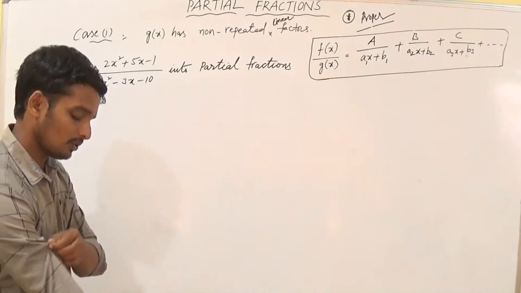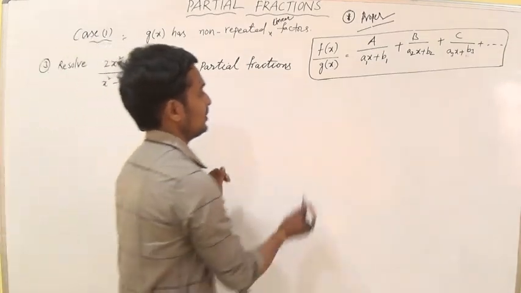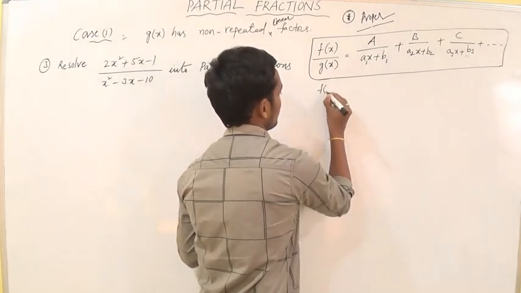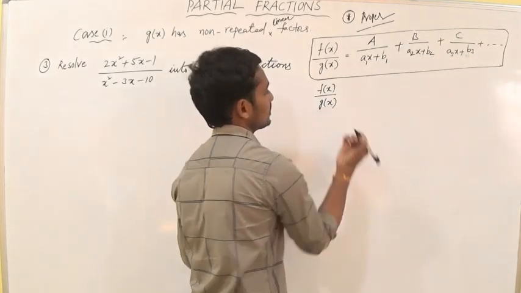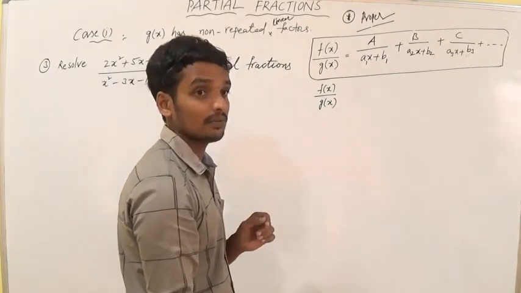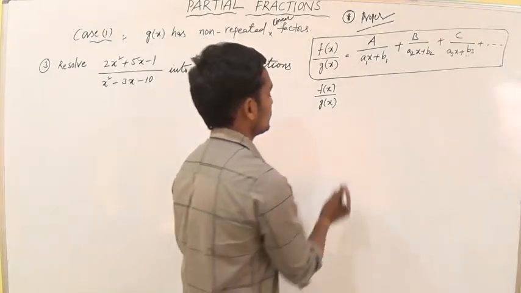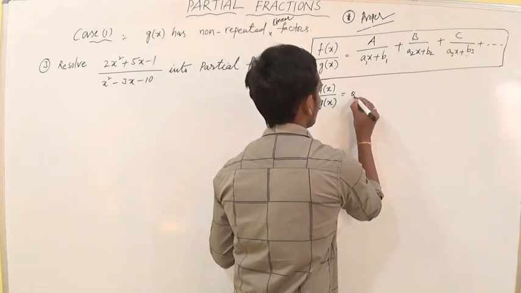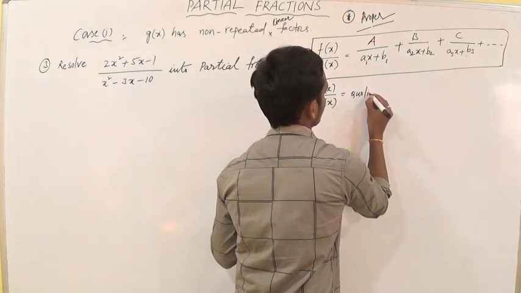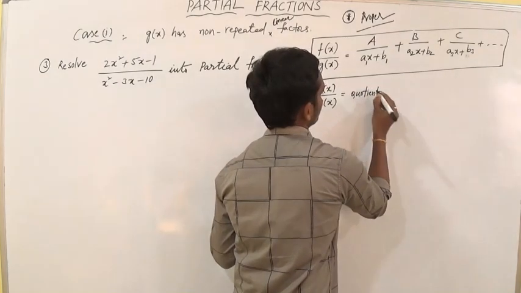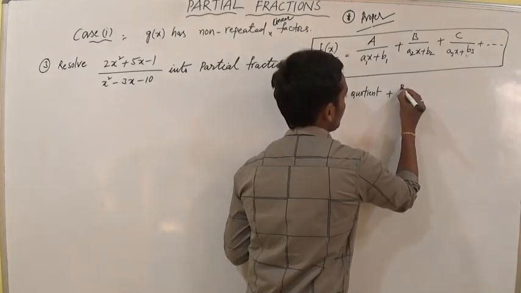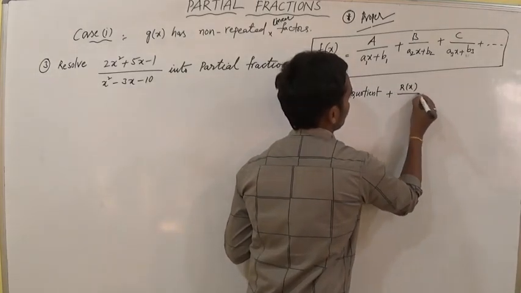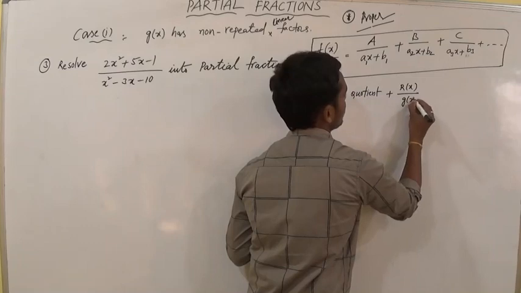Okay. So we know already, that is, if f of x by g of x is an improper fraction, we will get some quotient plus we will get some remainder r of x by g of x.